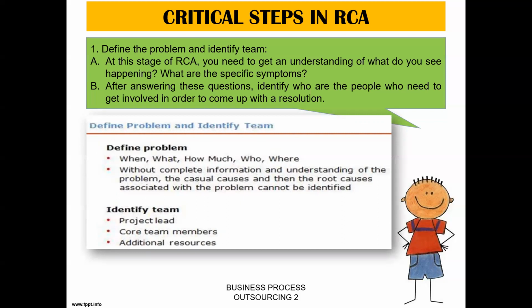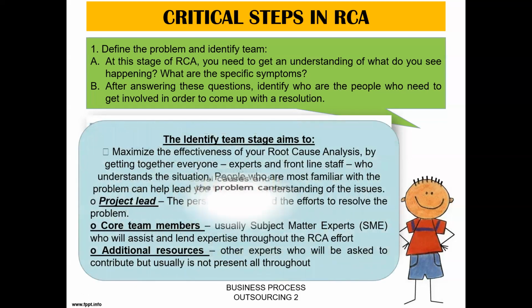Additional resources may be a person, or you can get assistance from your department head, or tutor, probably, if you really don't know how to deal with the subject. So that's the first. And then identify the teams. You already have the team.